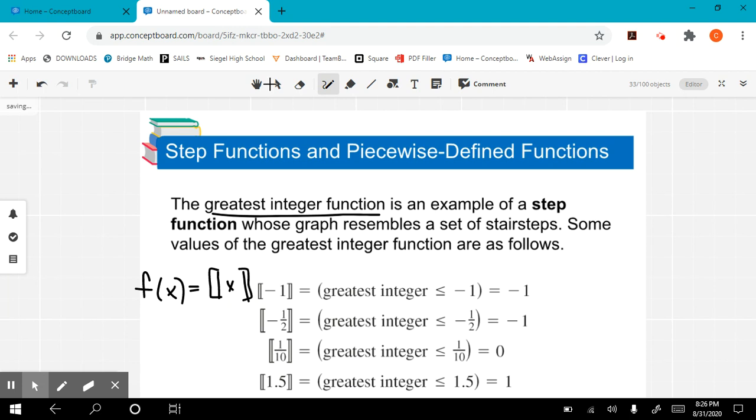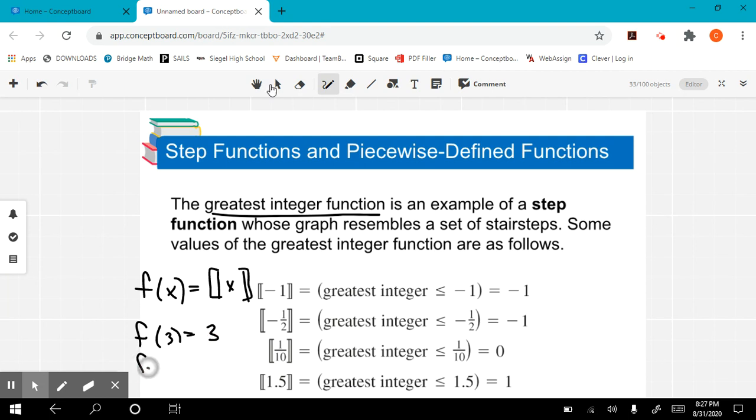All right, and this stuff right here makes it a little bit more complicated. But what this means basically is, if I have f of whatever, if it's an integer, if I have f of 3, then this greatest integer of 3 is just 3.